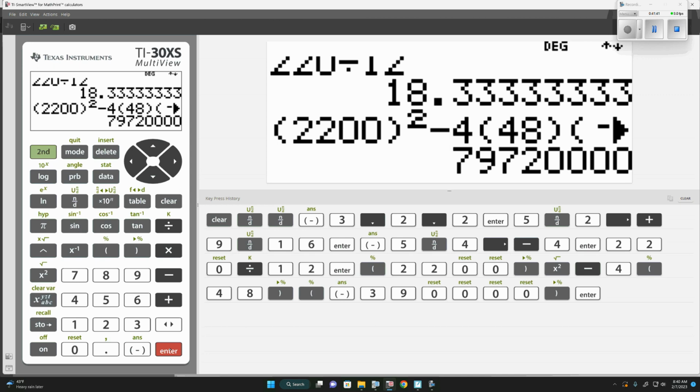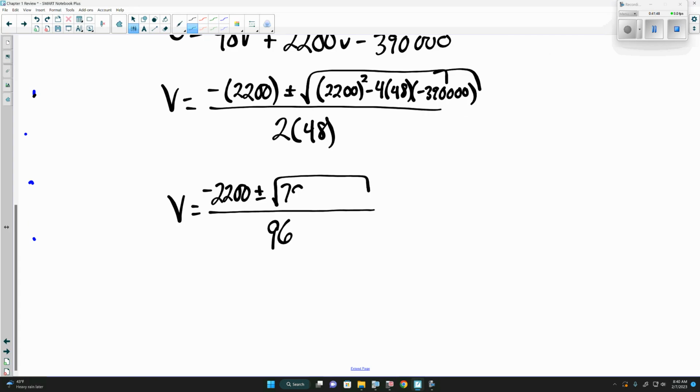Enter. 7972, 4 zeros. What are the odds that that's going to be a nice number? Not very likely, yes. And again, it said to round to the nearest decimal point, yes?